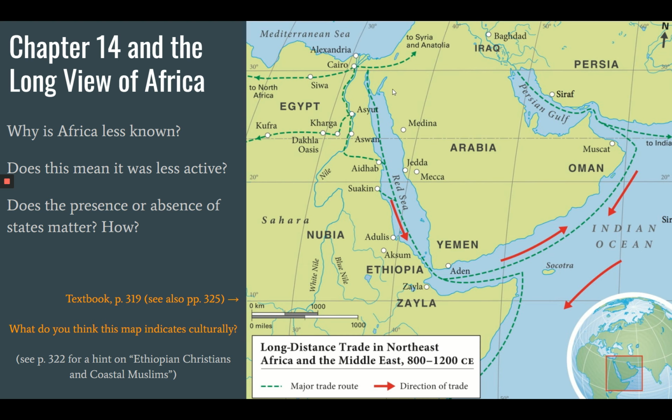But you can see that the sphere of African trade that is engaging frequently with the Arabian Peninsula is also the sphere that is most influenced by Islam. This is probably no great surprise.